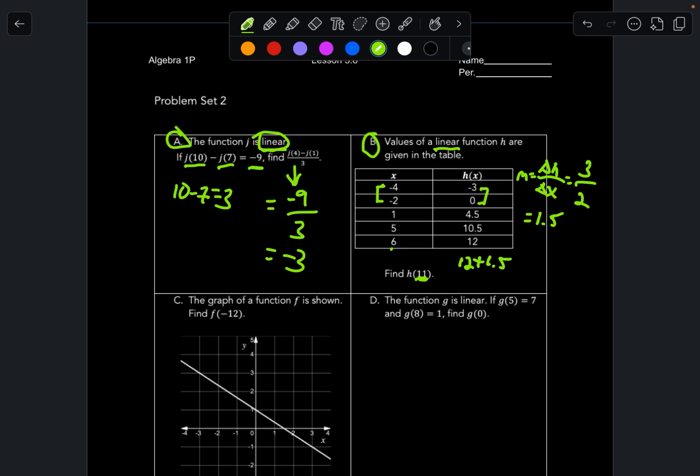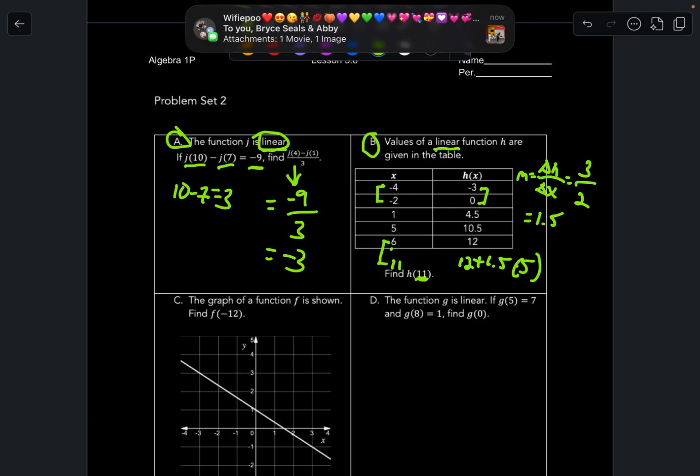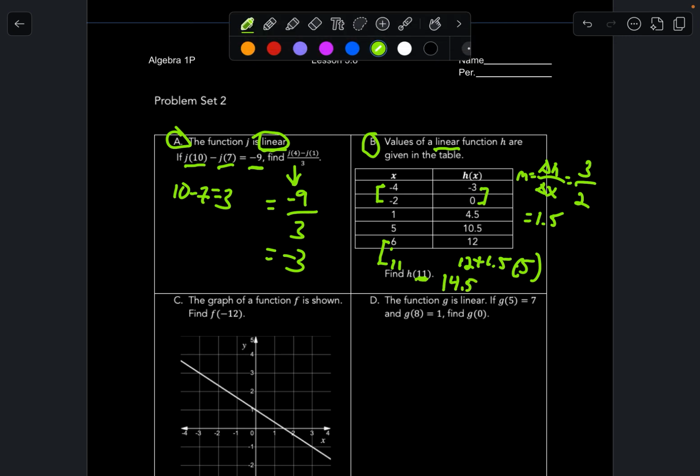Now, how many times difference is 11 and 6? 11 minus 6 is 5, so we can multiply it by 5. So it's 12 plus 1.5 times 5. All right? And that comes out to be 14.5. So h of 11 is 14.5. Okay?